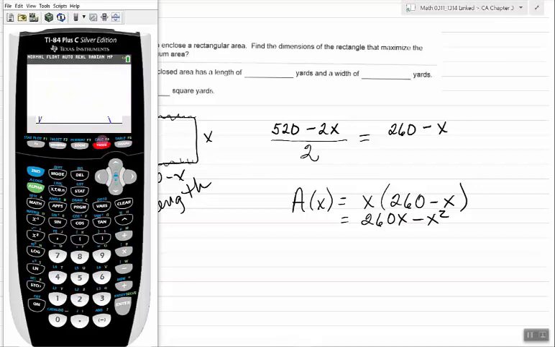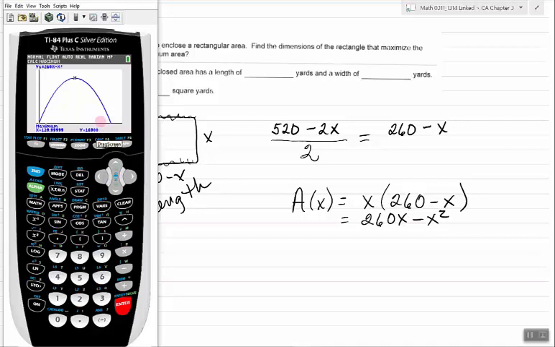Second, calc, maximum, enter, enter, enter. So this would become 130, and this would be 16,900.